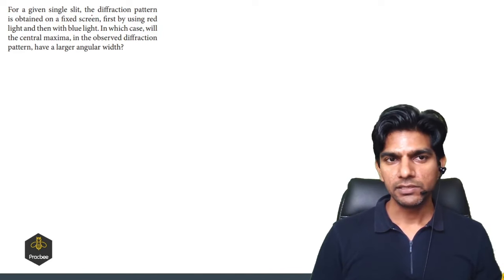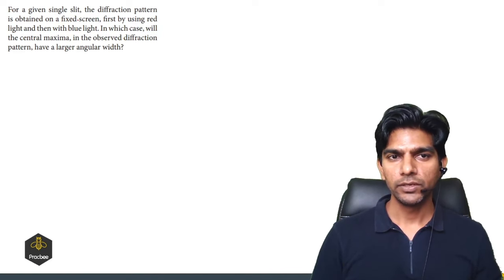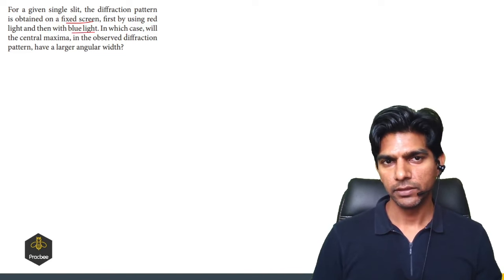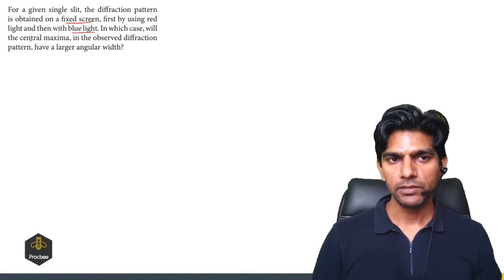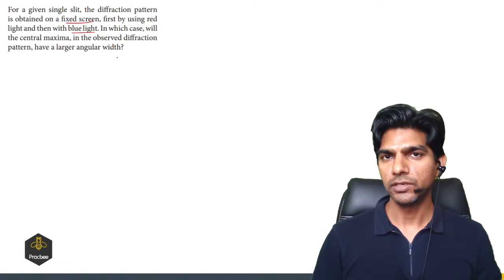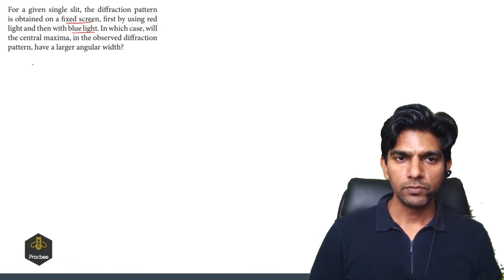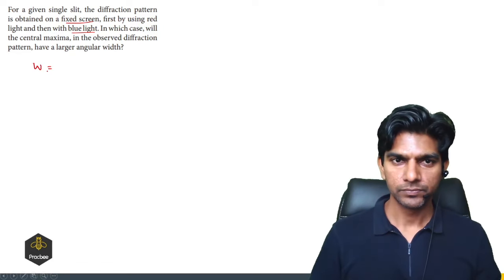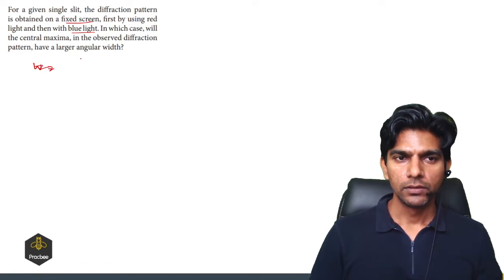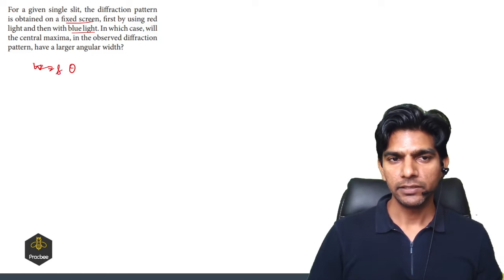For a given single slit, the diffraction pattern is obtained on the fixed screen first by using a red light and then a blue light. In which case will the central maxima in the observed diffraction pattern have a larger angular width? So angular width. What is theta? Sine theta is given as m lambda by a.